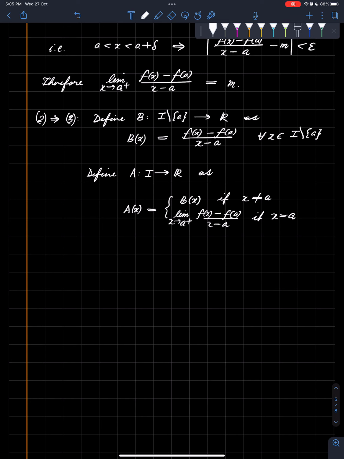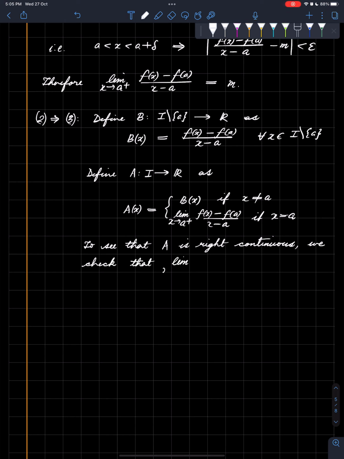And we claim that A is right continuous. So to see that A is right continuous, we check that the limit of x going to a plus of A(x) equals A(a).